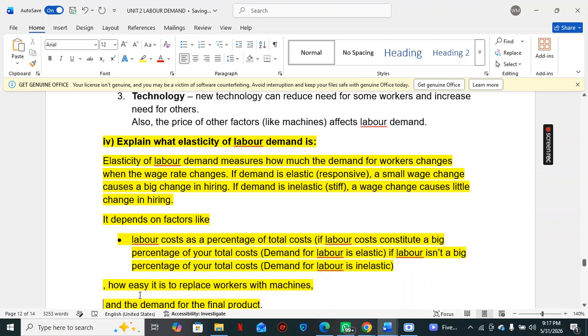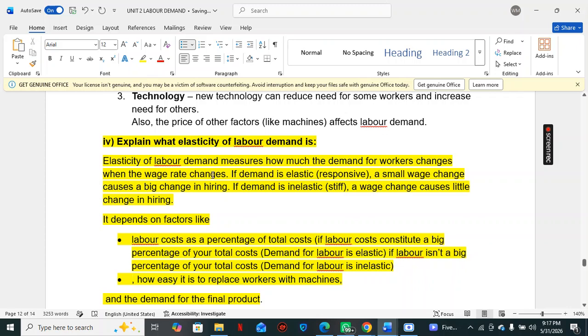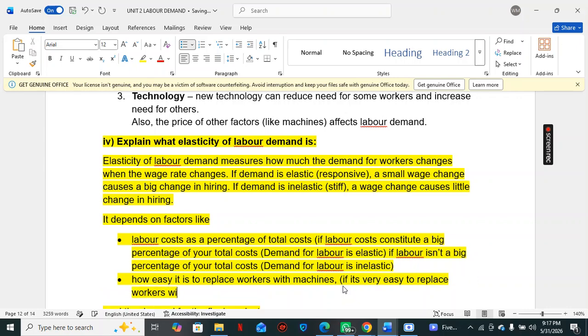Another factor that affects the elasticity of labor demand is how easy it is to replace workers with machines. If it's very easy to replace workers with machines, then demand is elastic.